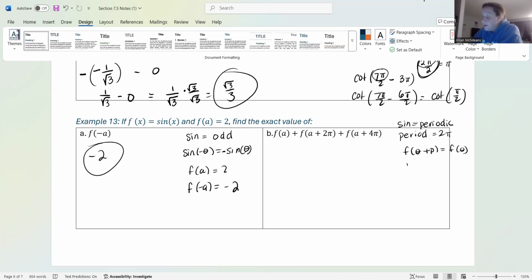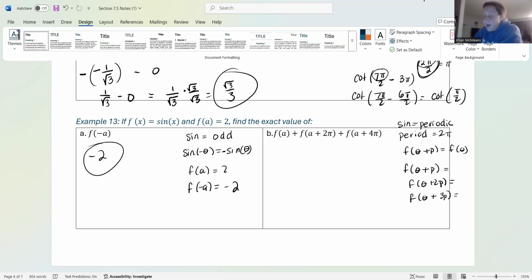So I could take f of theta plus p, that would equal f of theta plus 2p, which would equal f of theta plus however many p, 3p, and so on, okay? Just remember what your period is. Well, for sine, the period is 2 pi. So if I take theta and I add or subtract multiples of 2 pi, I'm ending up right at the same spot because I'm just going all the way around the unit circle, either direction.